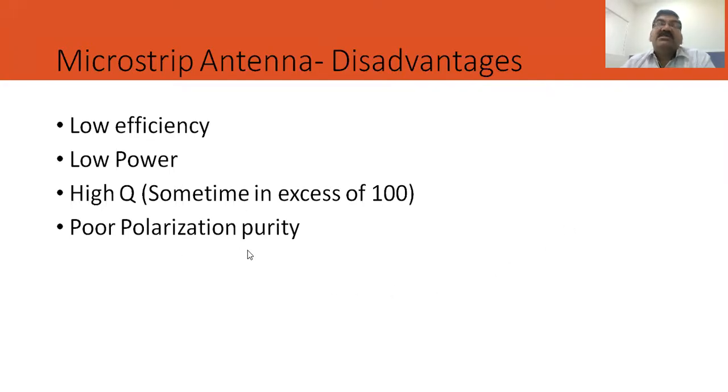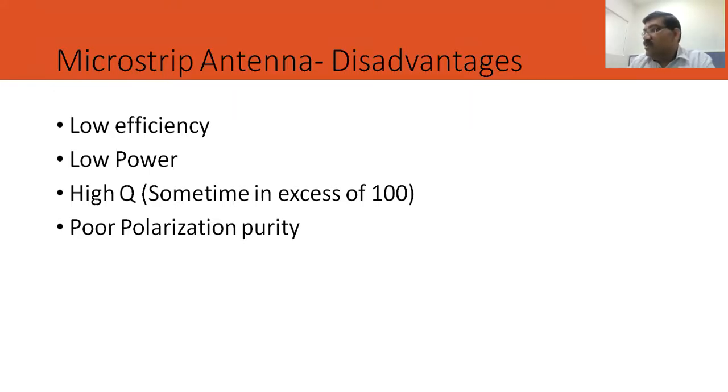Poor polarization purity. If you are designing the antenna for polarization, suppose you are using it for circular polarization, then a cross-field component is there.